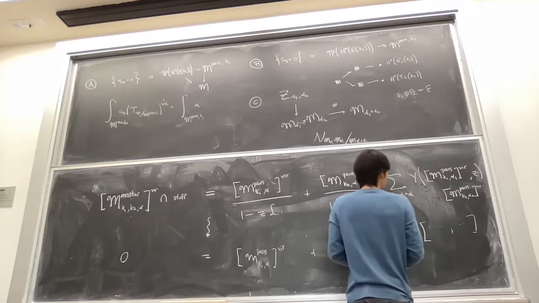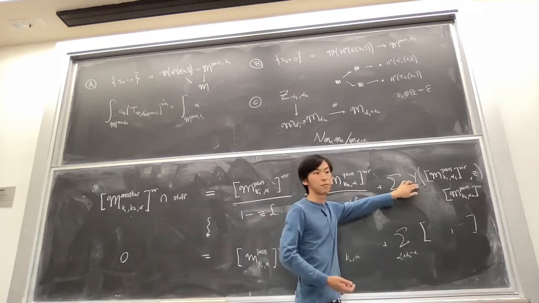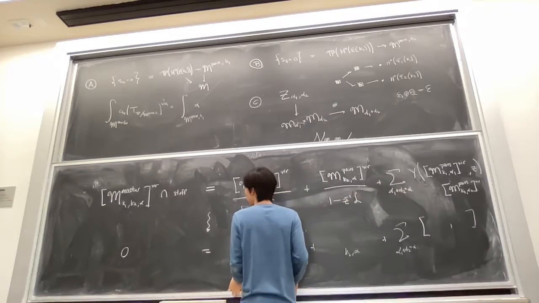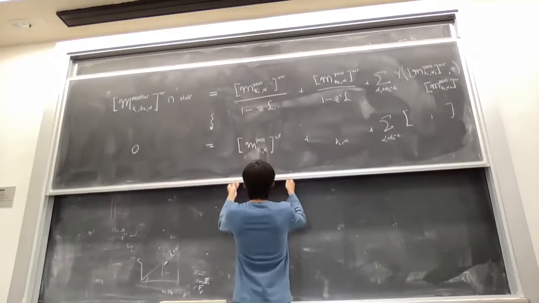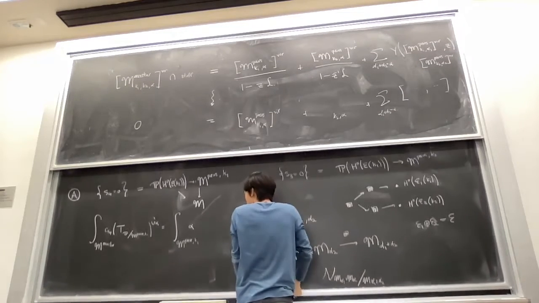So maybe let me write down the formula for what this vertex operation looks like inside K theory, and then we can all look at it.